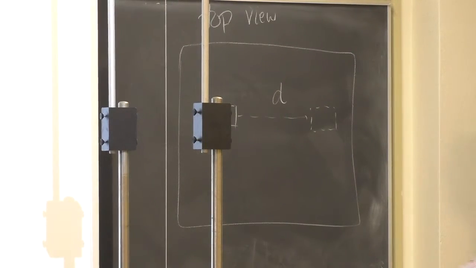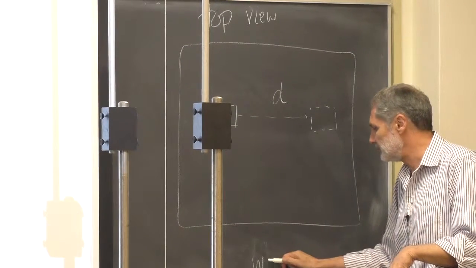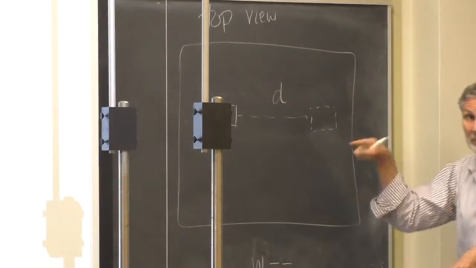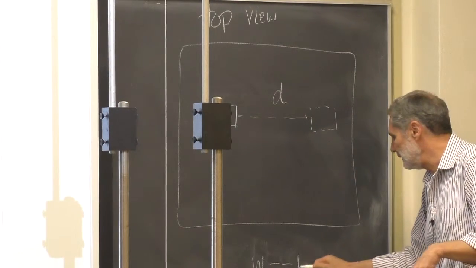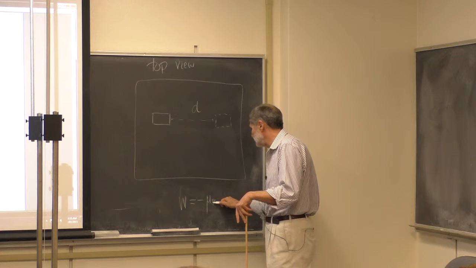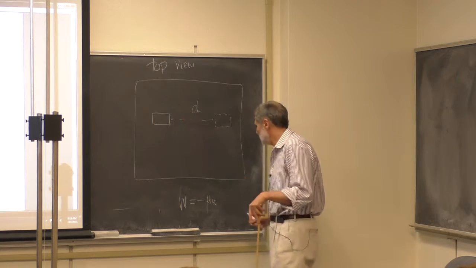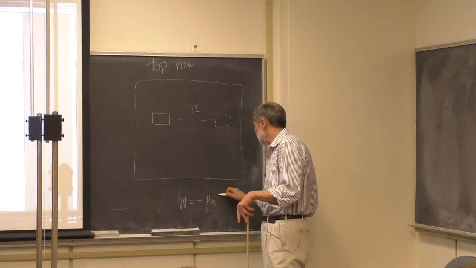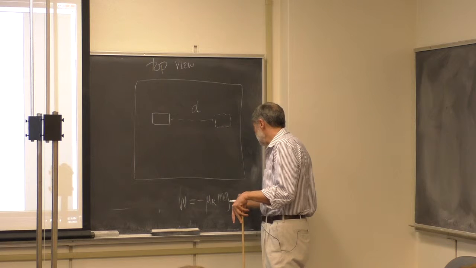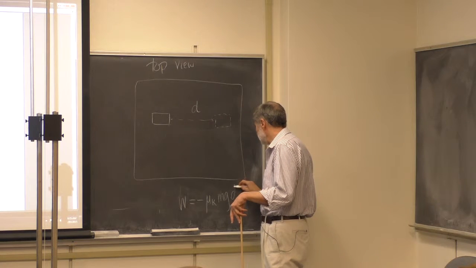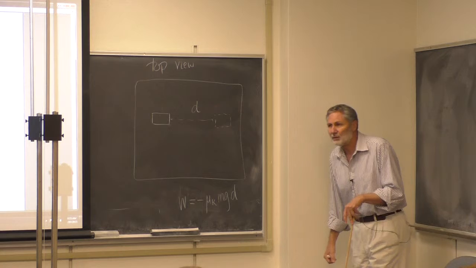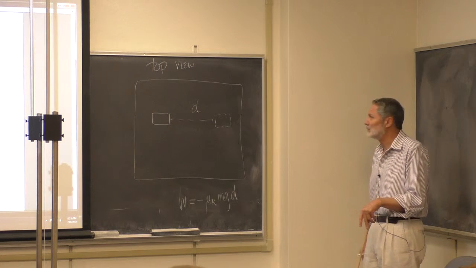What's the work that the frictional force has done? Well, first of all, it's opposite direction, and it's going to be the kinetic frictional force, because it's moving, times the normal force, which is mg, times the distance d. That's the work done by the frictional force.